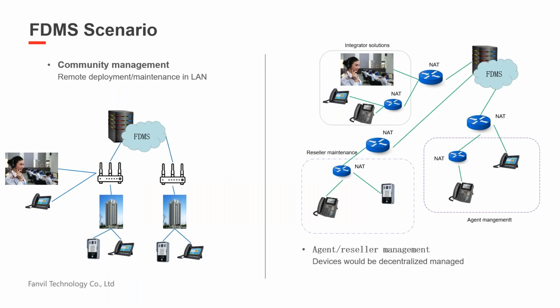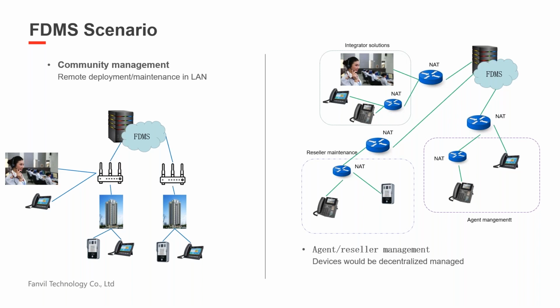And here is the scenario for the FDMS. First is community management. For example, there are some IP phones and door phones deployed in some community or industry area.